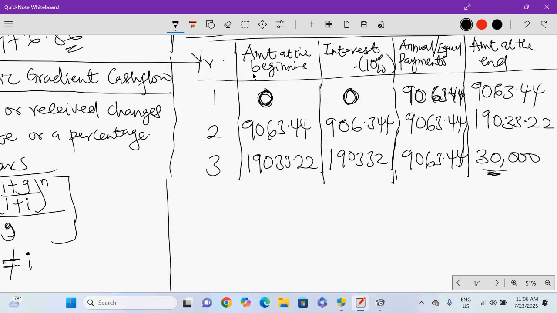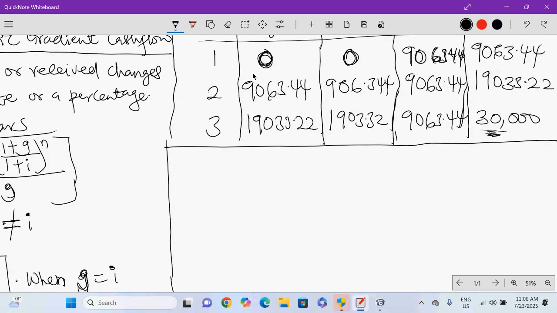Alright, so that is the sinking fund for you. Very small and straightforward. Easy to calculate. That is the sinking fund. So let's talk another example of the sinking fund, and we proceed with our organization.